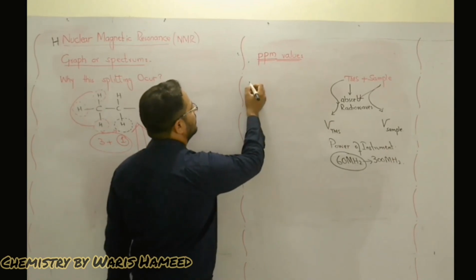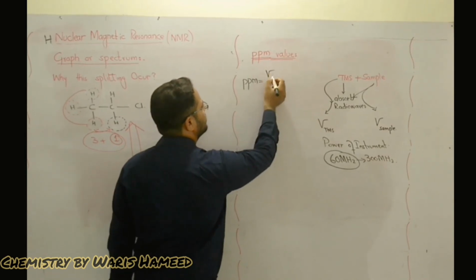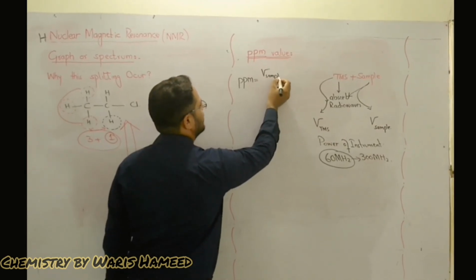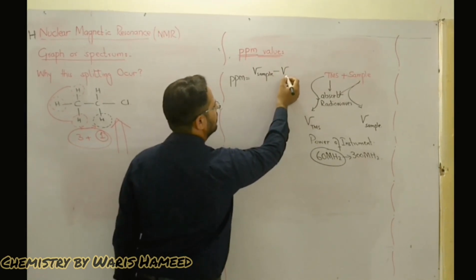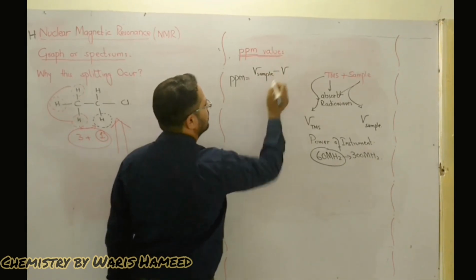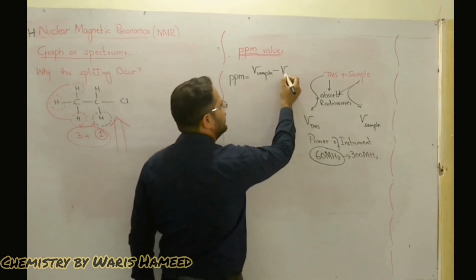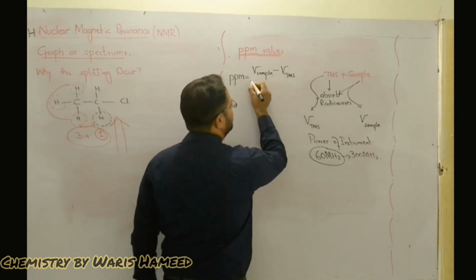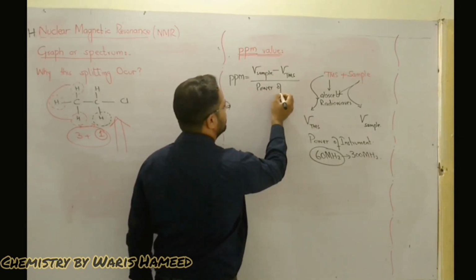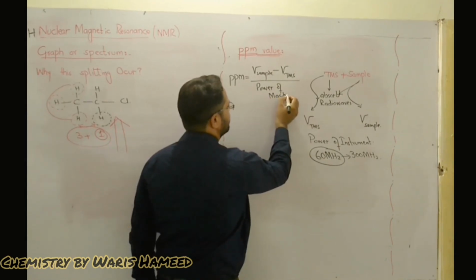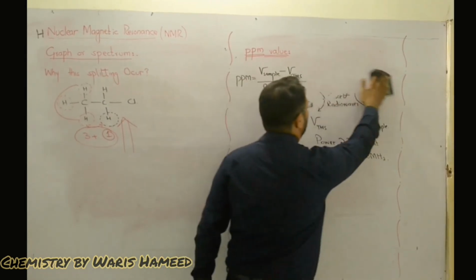It has a formula: ppm is equal to the absorbance of sample, the organic molecule, minus the absorbance of TMS, divided by the power of the machine or instrument, multiplied by 10 to the power 6.